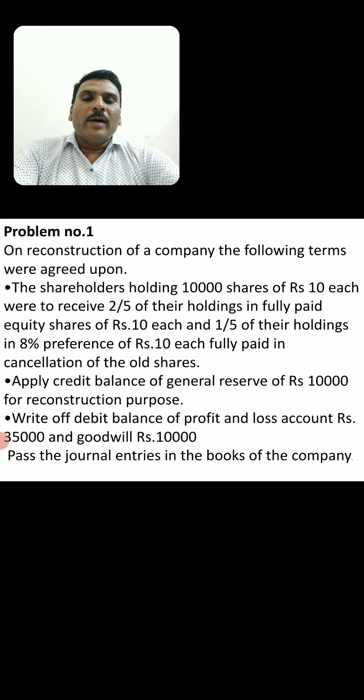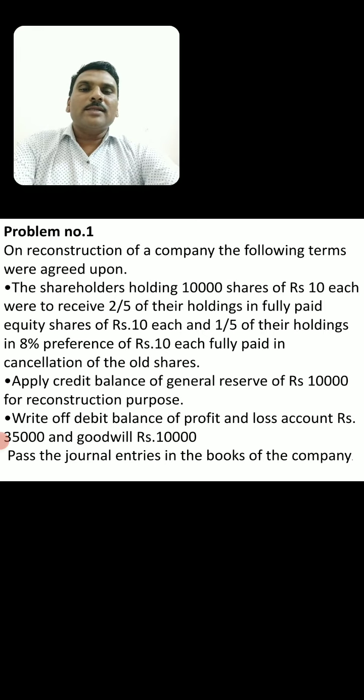By collecting the sacrifice amount from equity shareholders and preference shareholders, and also the credit balance of the general reserve account, we will calculate the total capital reduction amount, and by using it we will write off all the debit balance losses and the fictitious assets. For this we have to pass journal entries in the books of the company. First of all, we will see how the capital reduction account is prepared.